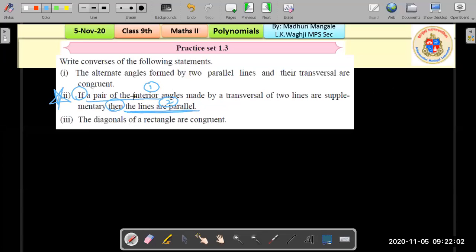But we need to phrase it properly. So how do we mention that? We write it as: if two parallel lines, just the way it is written over here, just check.